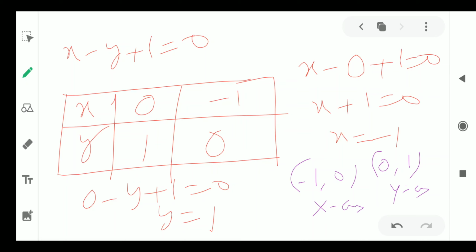This is the y-axis point, 0 comma 1, because on the y-axis x is 0, and it cuts the x-axis at minus 1 comma 0, because y is 0 on the x-axis.